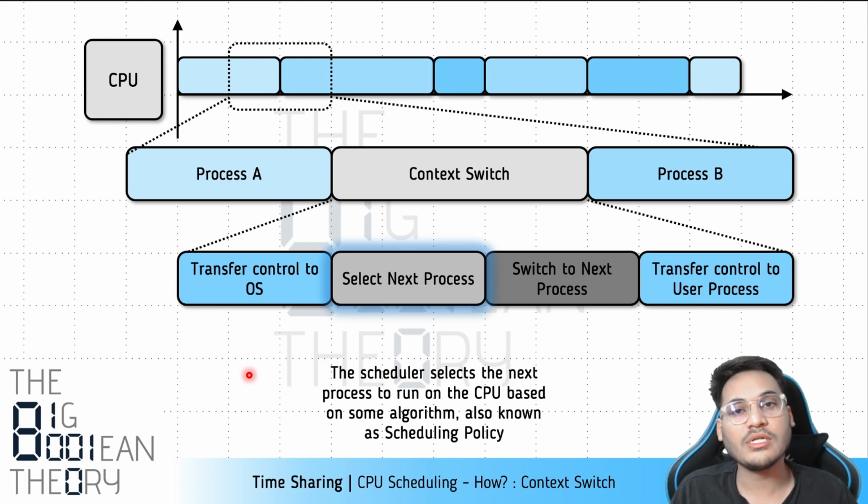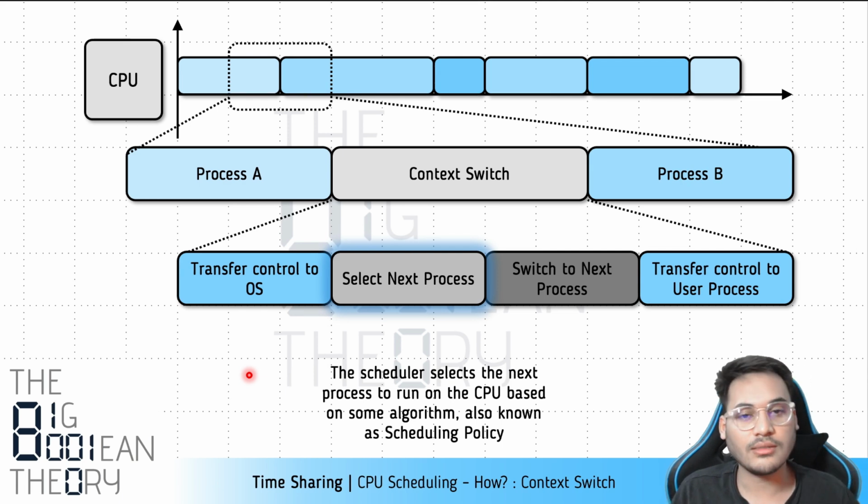Depending on the goal of the system, the scheduler has to make the appropriate decision, and this decision can be complex. There are certain algorithms that help the scheduler make this decision, and we'll talk about these scheduling policies in the next topic. For now, just think of it as the scheduler making the decision in some way.